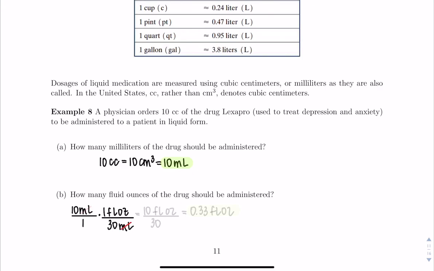So our milliliters end up canceling. And so we have 10 with our fluid ounce, and on the bottom we've got 30. And so that's about 0.33 fluid ounces.